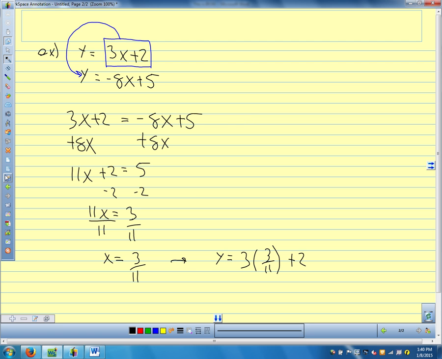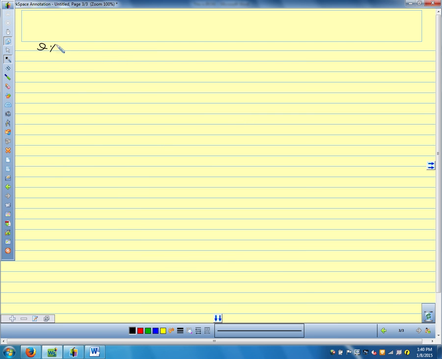All right. What if we had 2x plus y equals 5 and 4x plus 2y equals 8? And we want to solve this system of equations. So which equation is going to be the easiest to solve for one of the variables?